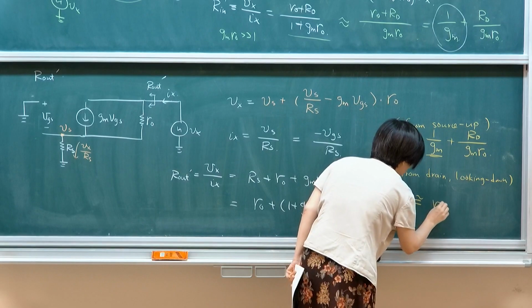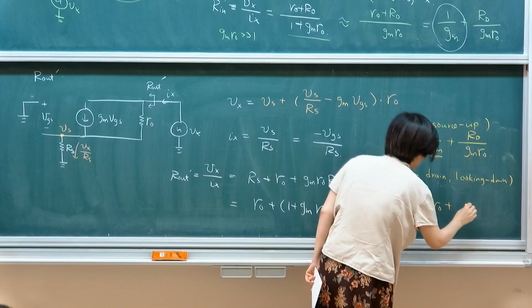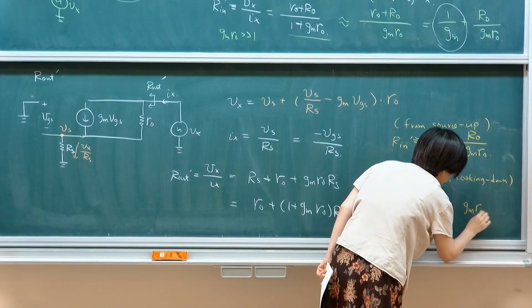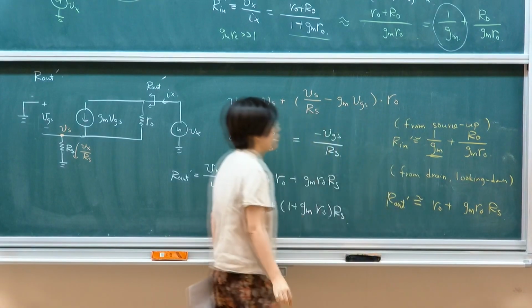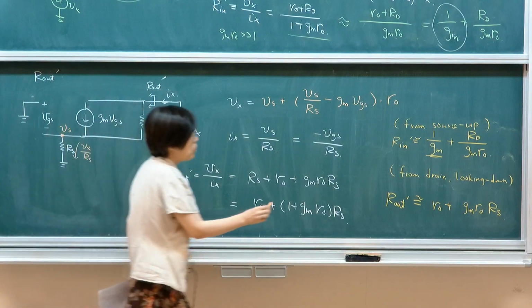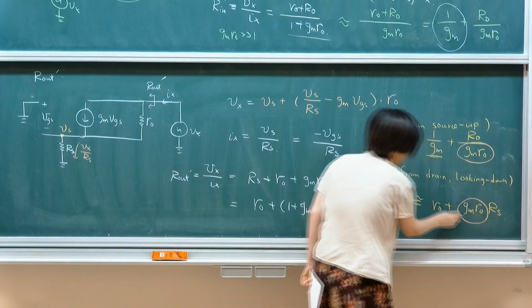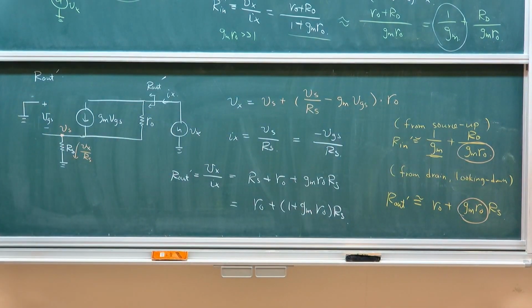You will have your original output resistance, the green one, bridging the two, times gm RO. So it's being amplified. This is being divided by gm RO, and this is being amplified by gm RO. That's why we typically refer to it as an impedance transformation. You see an amplification effect if you stack up from the bottom, and an attenuation effect when you're looking down from the source terminal.